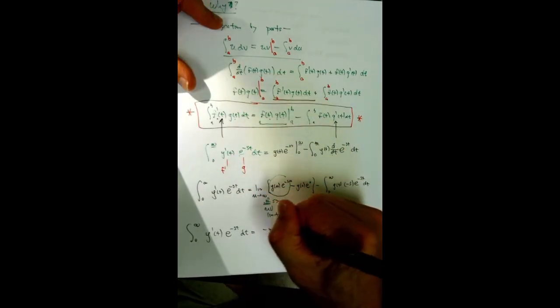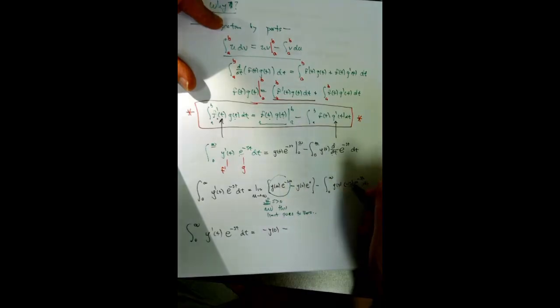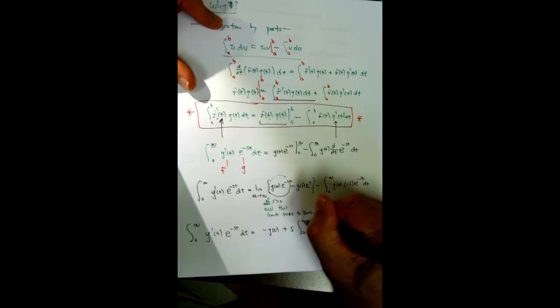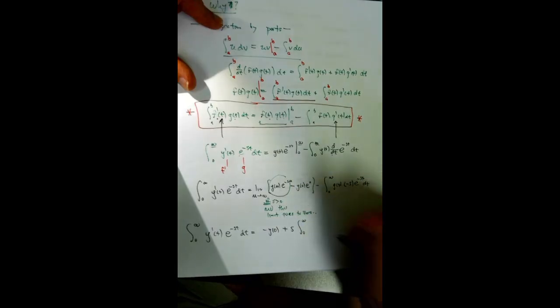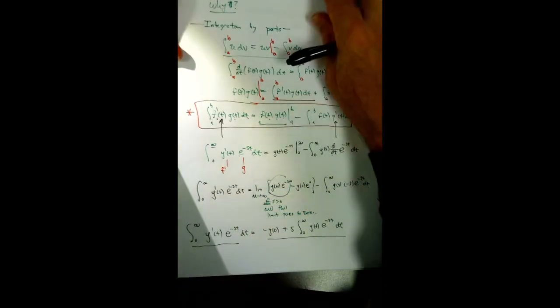This becomes minus y of 0 times e to the 0 is 1. Minus, now I bring out the minus s, that's a plus s. And I can do that because this is an integral in t. So this Laplace transform is equal to this thing on the right-hand side.